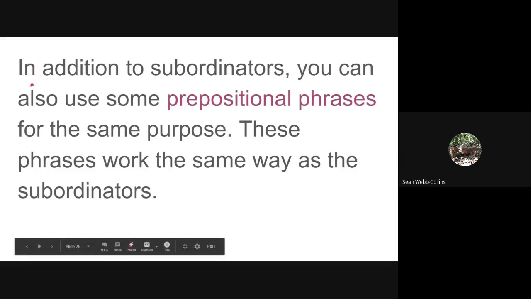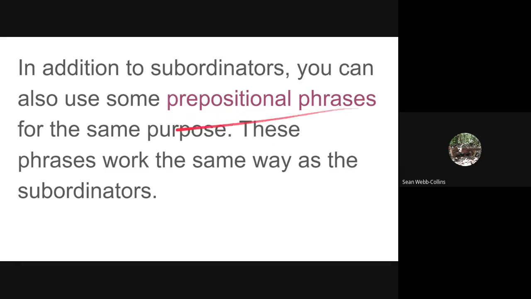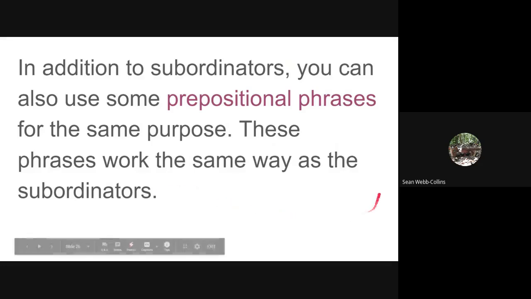And in addition to subordinators, you can also use some prepositional phrases for the same purpose. These phrases work in the same way as subordinators. Some of you might be asking, well, first off, what is a prepositional phrase? Well, that just brings us back to the first slide when I said that a prepositional phrase consists of a preposition, such as into, in, for, with, and the words which follow it.